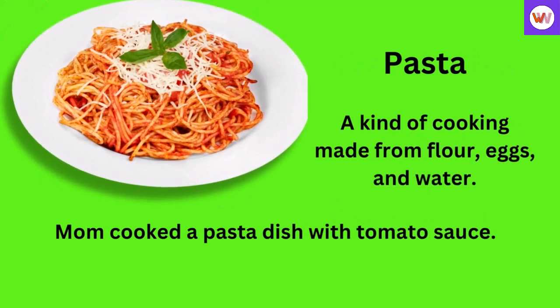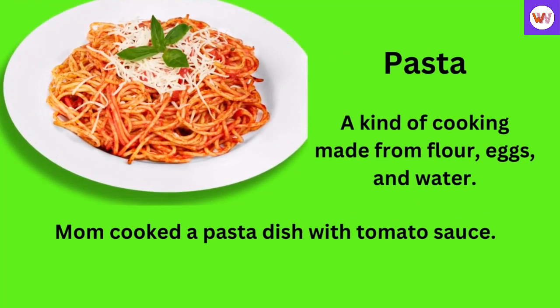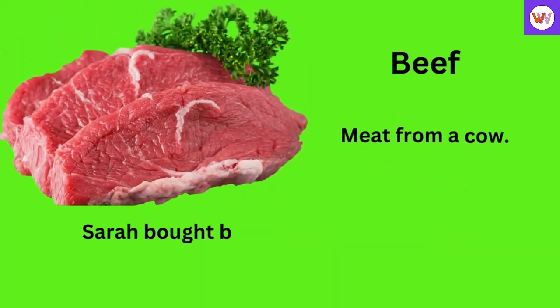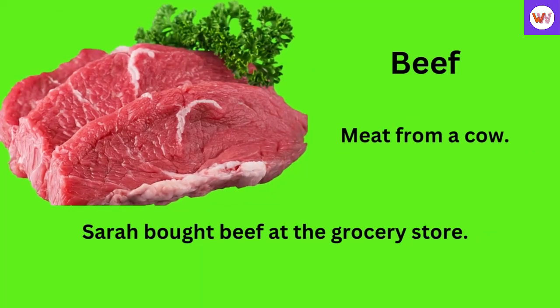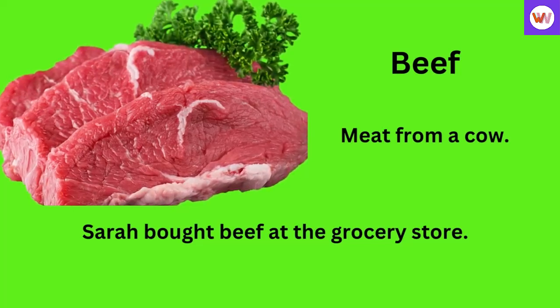Pasta. A kind of food made from flour, eggs, and water. Mom cooked a pasta dish with tomato sauce. Beef. Meat from a cow. Sarah bought beef at the grocery store.